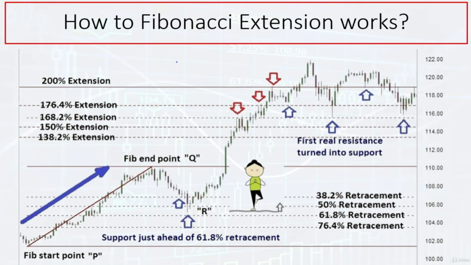As you see at the bottom left of the chart, you can see the retracement levels where the price gets an important support. Once the price gets an important support, it is an exclusive buying opportunity for buyers. The buyers come with a huge volume and the support is created at 61.8%.